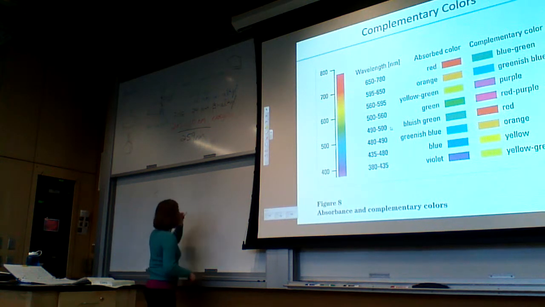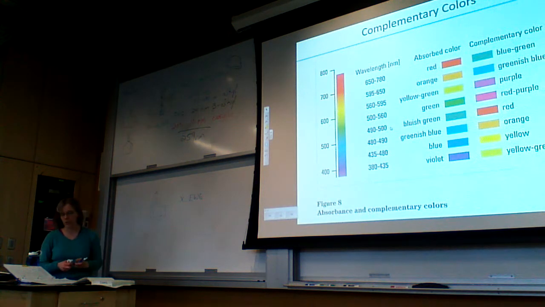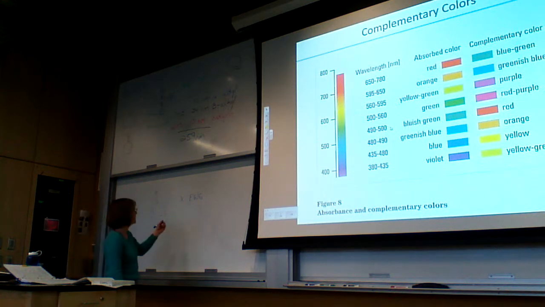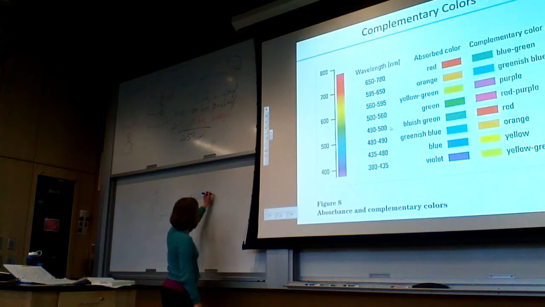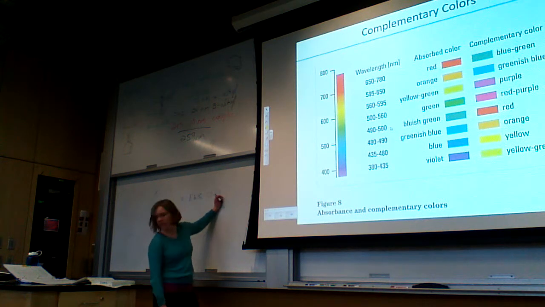So let's say we have this X. If it's an electron withdrawing group, it's going to shift your second band. No, sorry, it doesn't shift your second band very much, but the electron donating group is going to shift our secondary band.